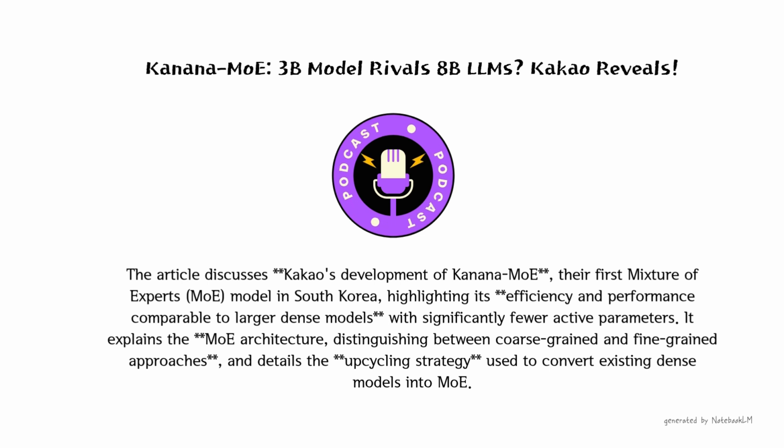Exactly. Imagine, going back to the brain analogy, having dedicated sections that only fire up when you're doing, say, math or writing music or remembering something specific. Right, not the whole thing every time. Precisely. This selective activation is absolutely key to solving that scaling problem you mentioned. It allows for much more efficient operation without really sacrificing the overall knowledge the model holds. That makes a lot of sense.